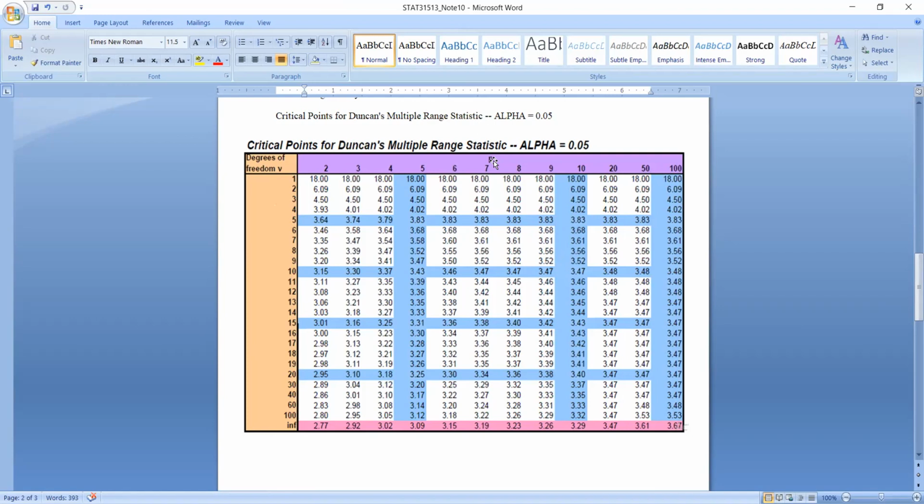At the beginning, we rank all the means and arrange them from largest to smallest.